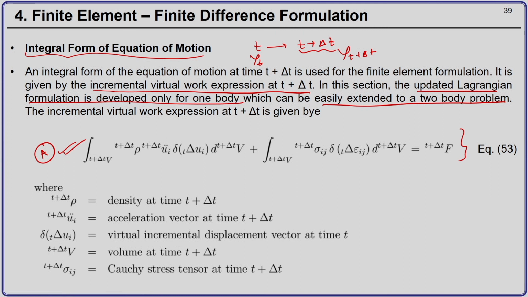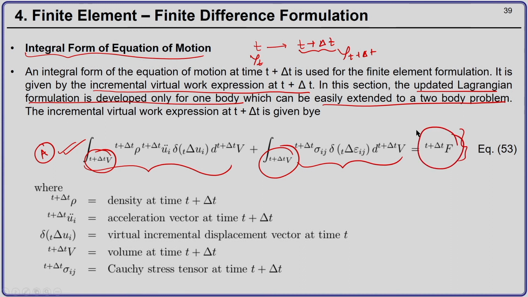Okay. So, you see this is the virtual work of the inertia forces at configuration t plus delta t, and this is the internal virtual work at t plus delta t, and these should be equal to the external forces at time t plus delta t.